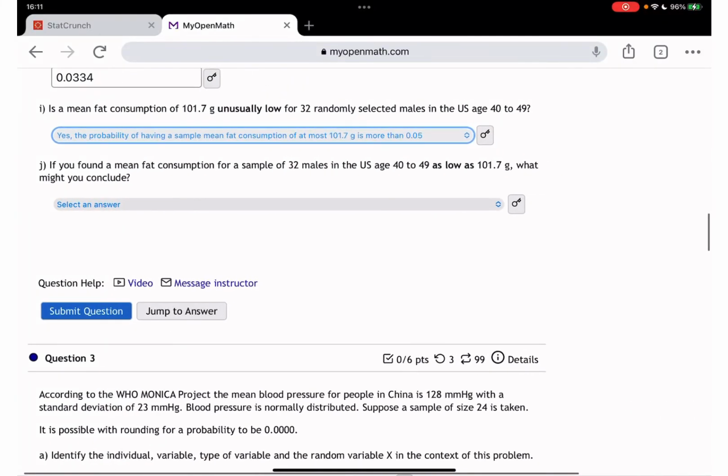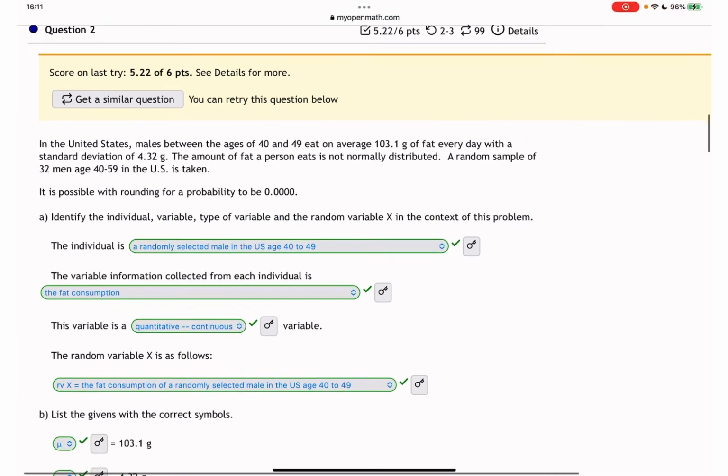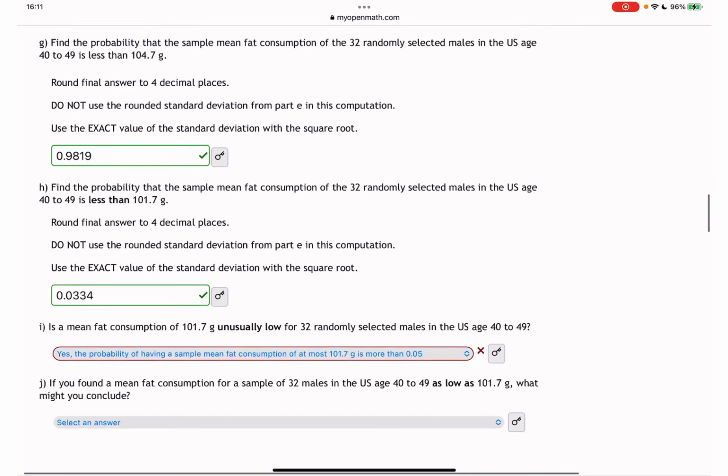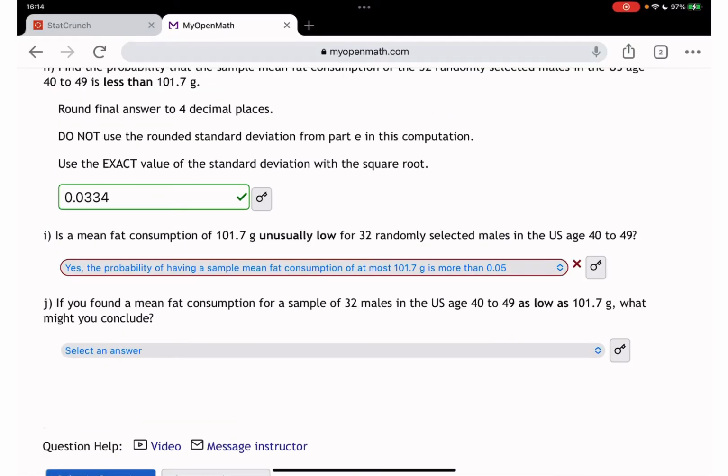Let's check it. All these answers so far, what we did. Oh, it suggests a similar one. Looks like we messed up somewhere. This one. Let's reread. Yes, the probability of having a sample mean for fat consumption at most 117. I chose at most because we have less than 117.